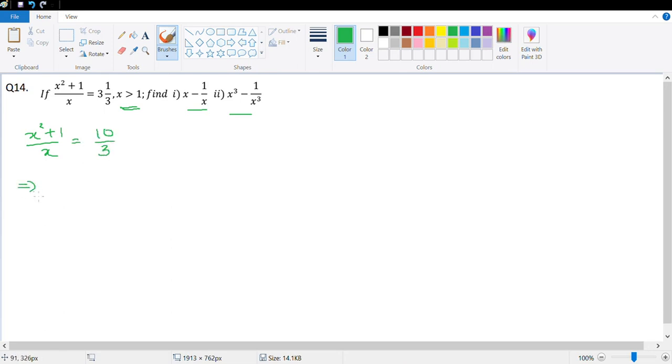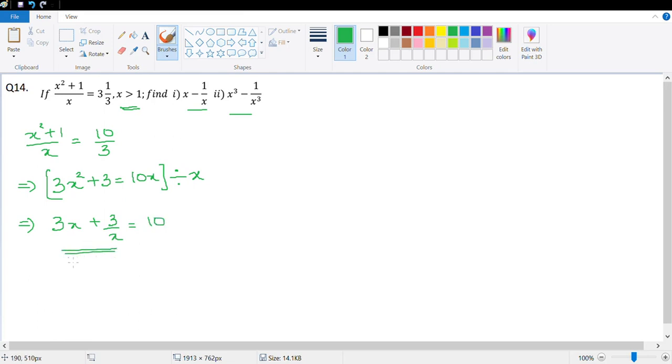If I cross multiply, I get 3x square plus 3 is equal to 10x. Dividing both sides by x because x is more than 1, so which means it's not 0. If I divide this, the left hand side becomes 3x plus 3 upon x is equal to 10.